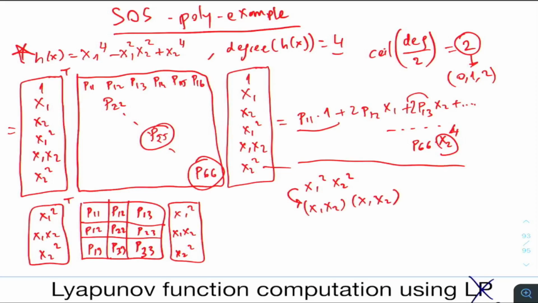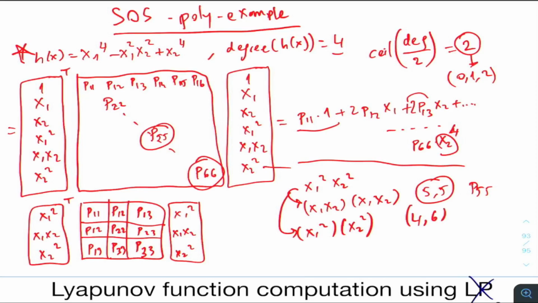All right, and what are the entries corresponding to that? 5 comma 5, right? And p55, the diagonal term. And x1 squared times x2 squared, you can also generate using those terms. So what are the entries? 4 comma 6.